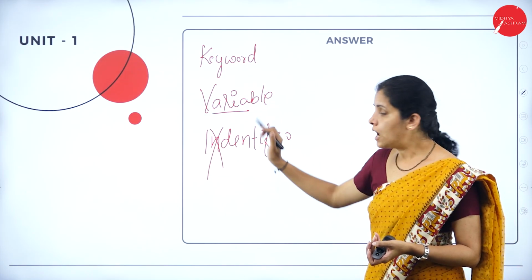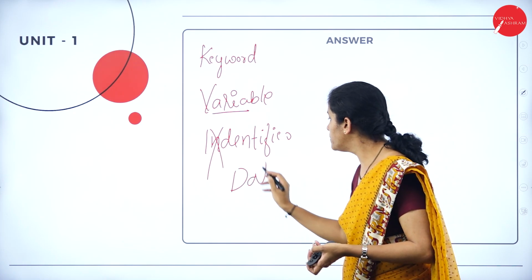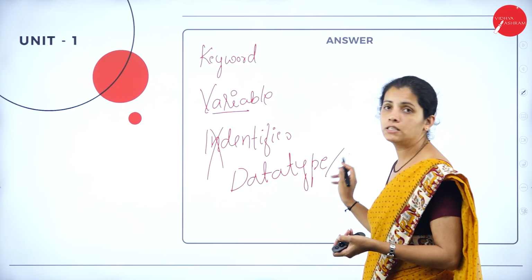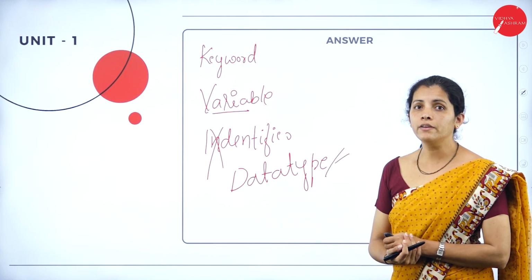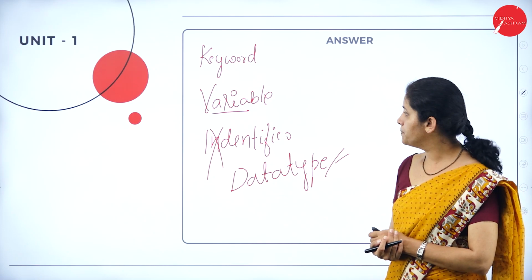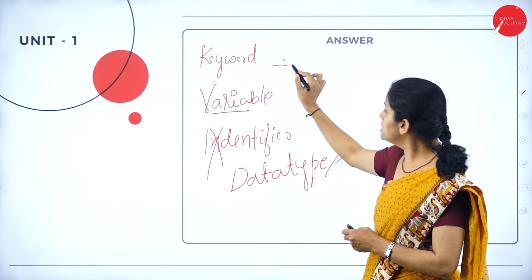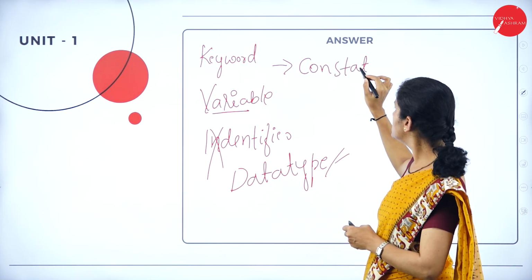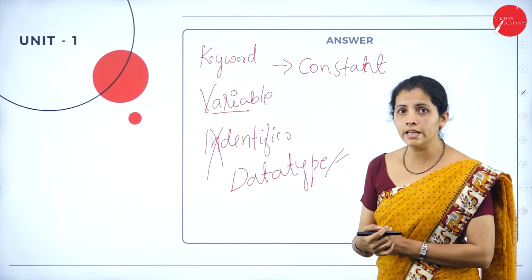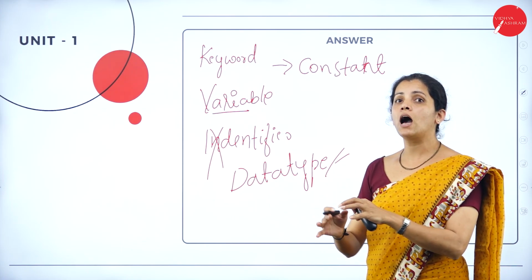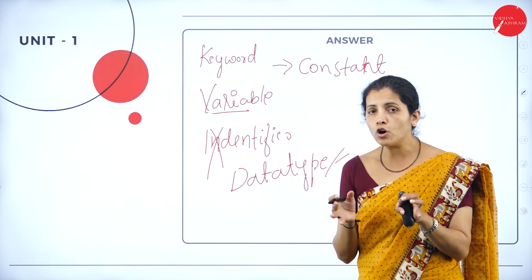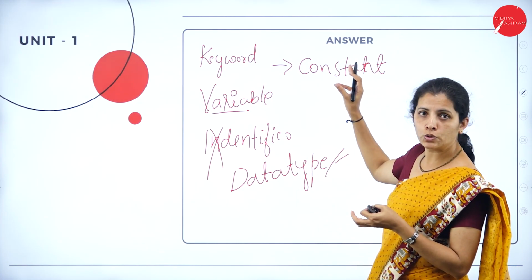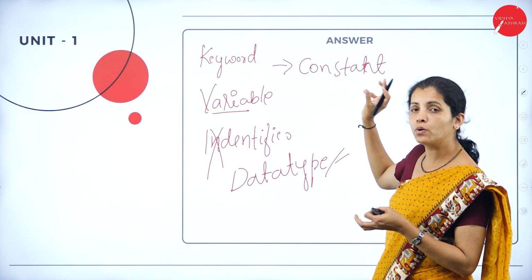Along with this, I can have data type. Anyway, dear student, I have explained what is data type with the different types of data types. And along with this, I have constants. So, what is constant? As the name itself indicates, the values are fixed. In the sense, we are not able to change the value during the execution of the program.